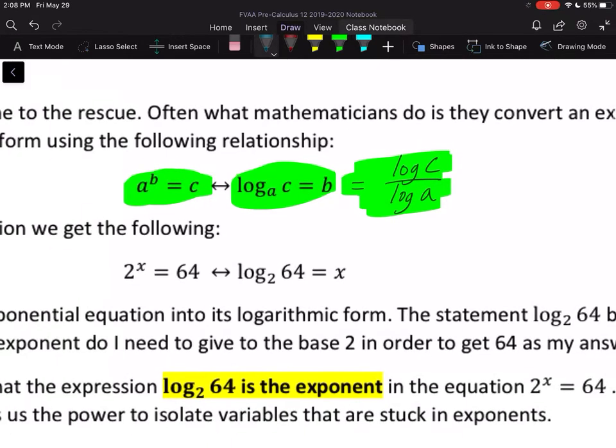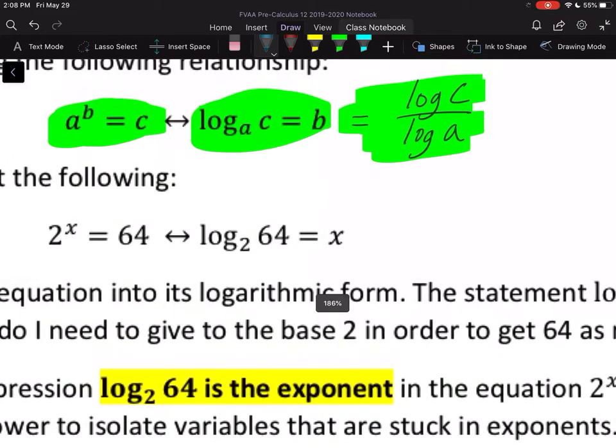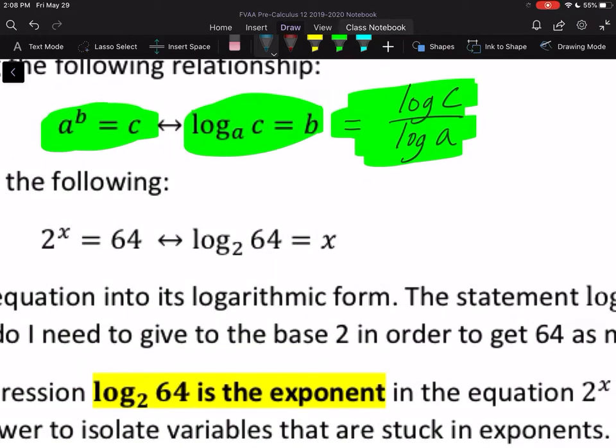Okay, and let's actually use it on the example that we've looked at here. So 2 to the x is equal to 64. Remember, a lot of the questions we looked at last chapter, the method that I gave you was guess and check, right? To one decimal place. You just have to keep plugging in numbers into the exponent until you got an answer that was pretty close to the right answer.